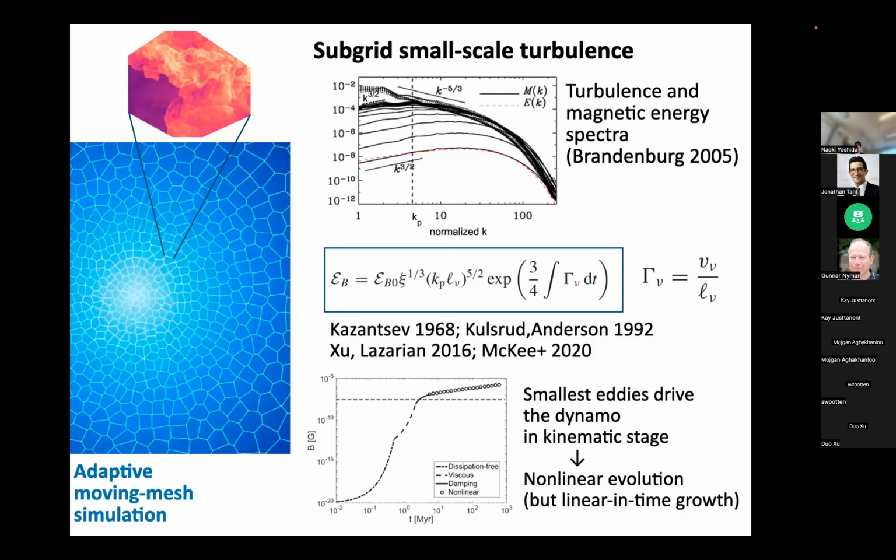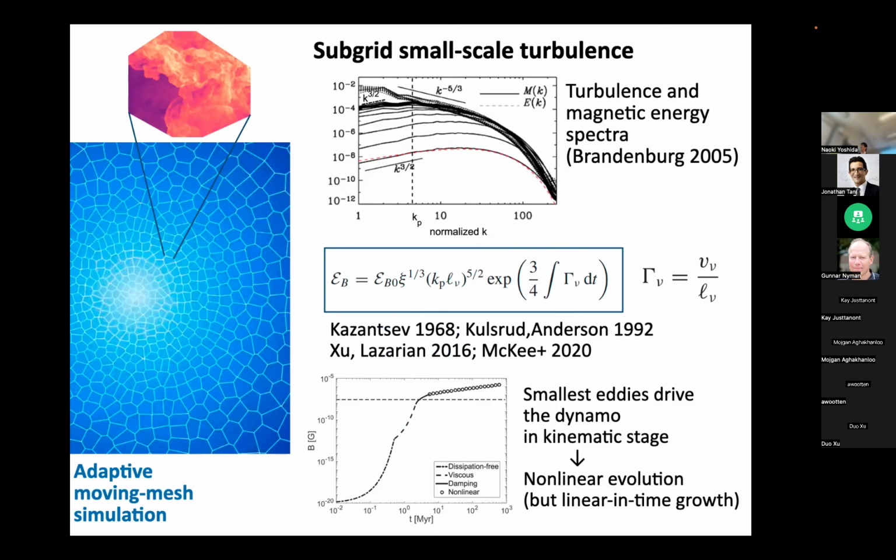So things beyond that, I need to do kind of analytic or subgrid modeling, because even though I use adaptive or moving mesh simulations, typically the gas motions or microscopic structure of the gas is not really resolved. So here I resort to using the subgrid model of turbulent development and associated kinematic magnetic field generation, following the prescription starting from the classic paper by Kazantsev, Kraichnan, and more recently Schleicher, Chris McKee and so on.